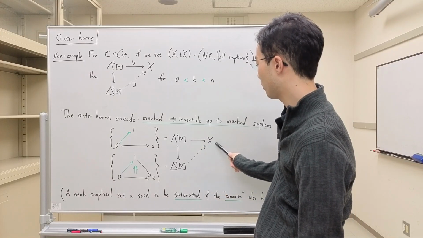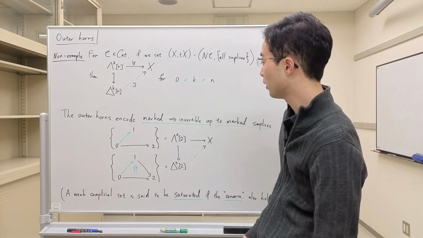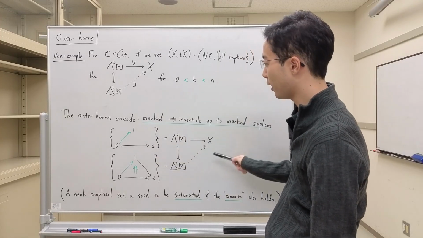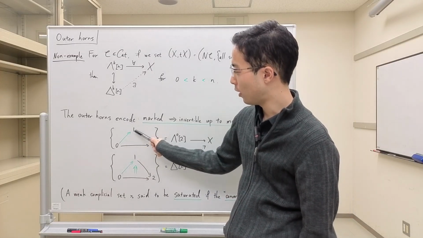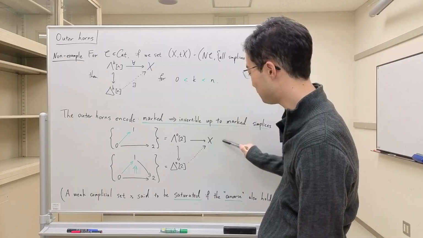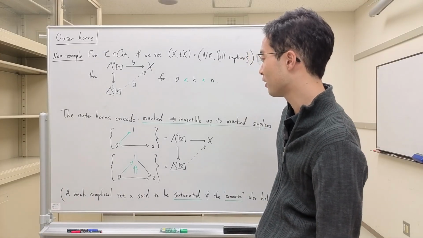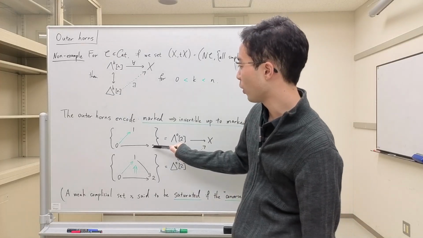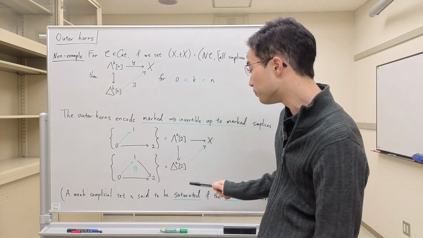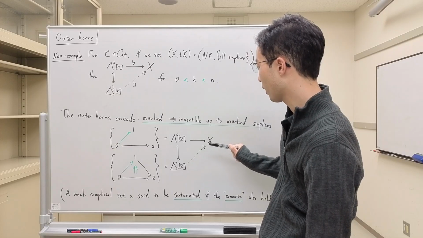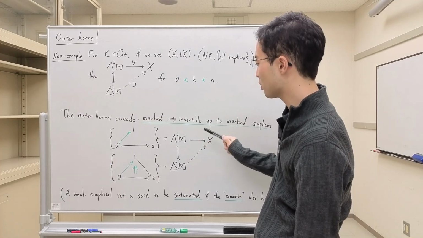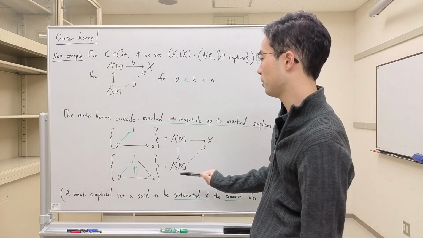If you have a marked one simplex in X, then you can construct a map out of this horn into X, where this one simplex is sent to the marked one simplex in X that you chose, and we map this one simplex to the degenerate one in X. Then that's a perfectly valid map from this horn into X. So if X is a weak complicial set, we should be able to extend that to this simplex.